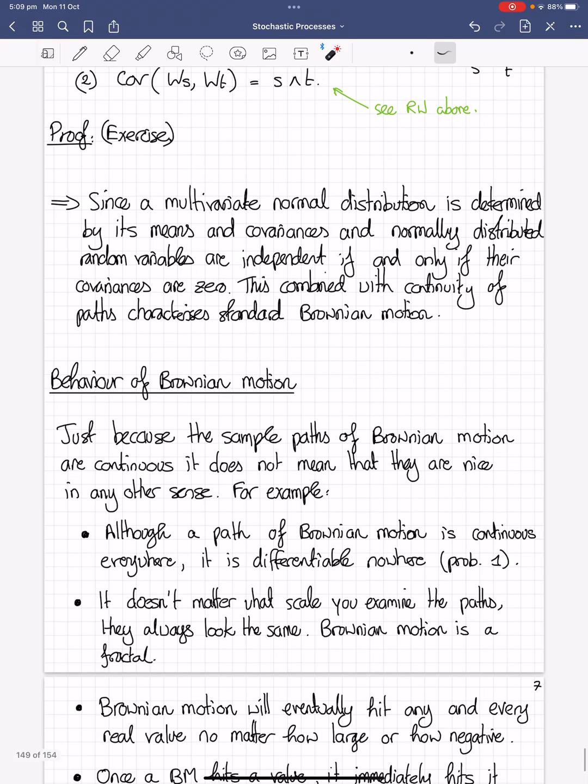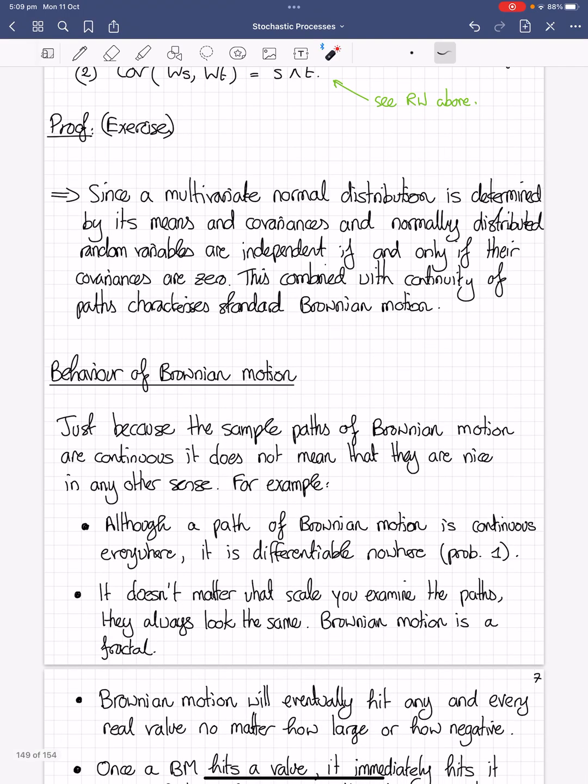It is, in fact, so special that it has a lot of really strange and unique behavior. For example, we say that the paths of Brownian motion are continuous, and at first thought, one might expect that since the paths are continuous, they might be quite well behaved and quite nice.